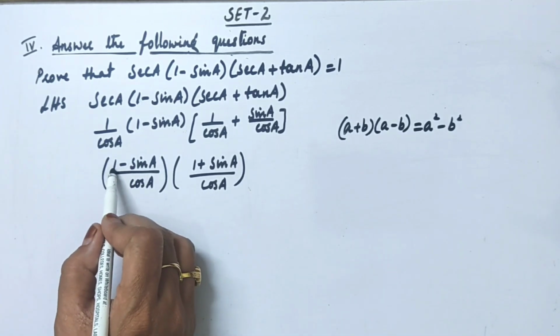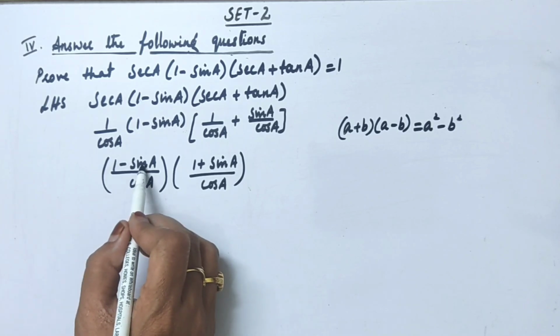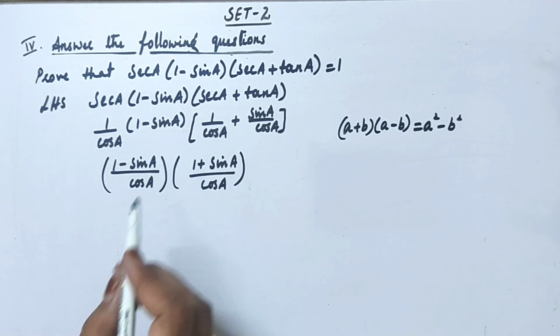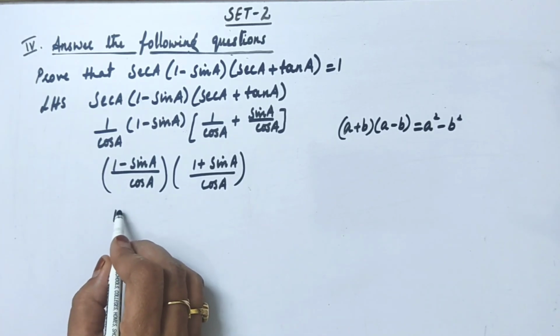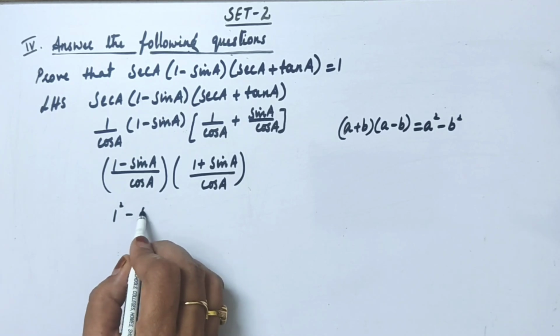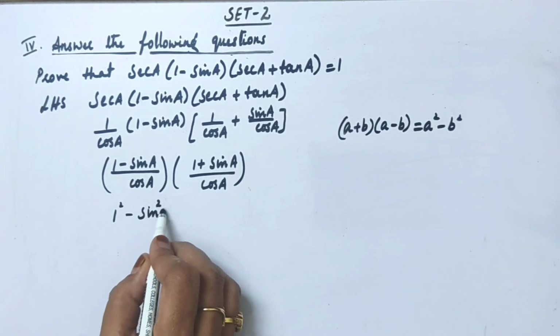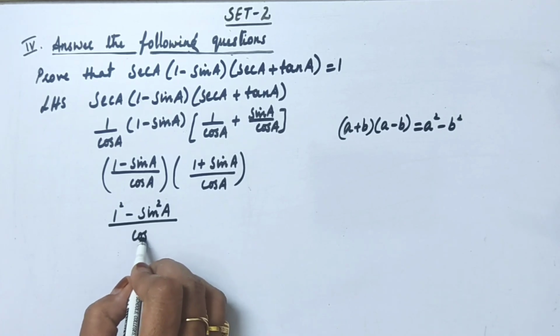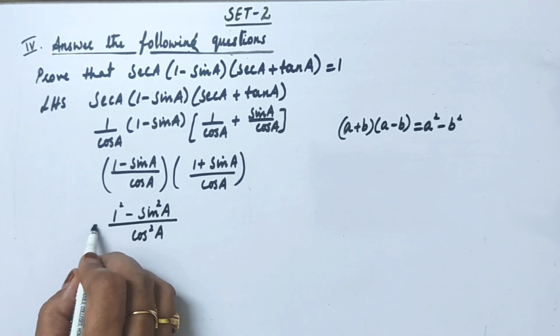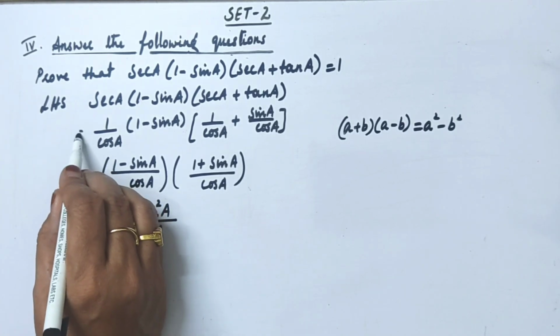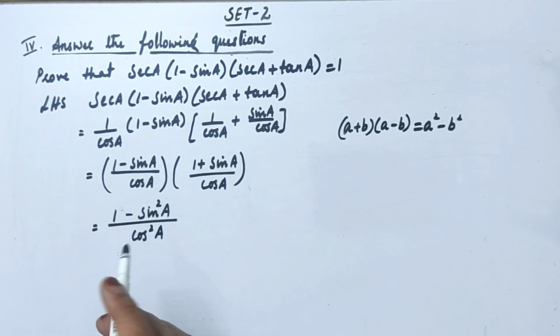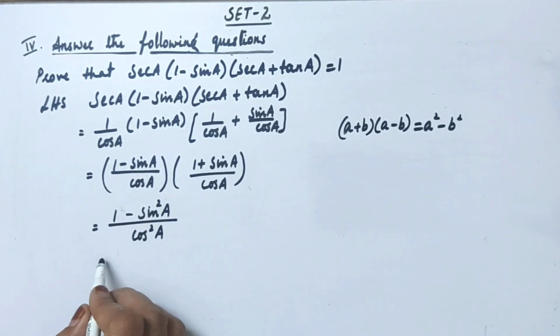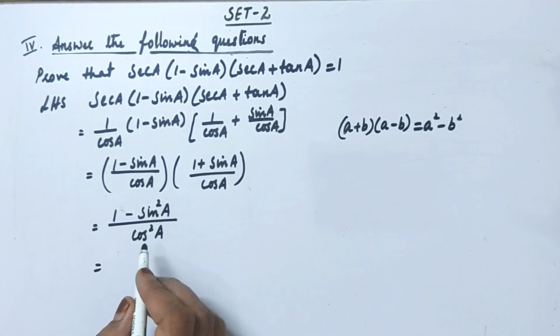So let us assume A as 1 and B as sine A. A square, that is 1 square minus sine square A upon, let us multiply, cos into cos is cos square A. Fine, students. Now here 1 into 1 is 1 itself, equals 1 minus sine square.